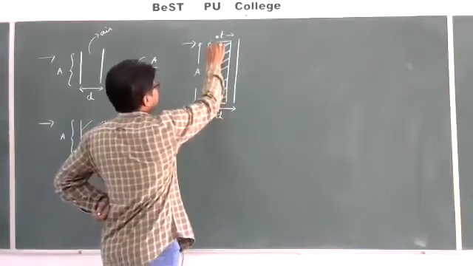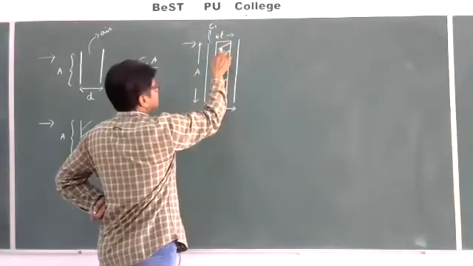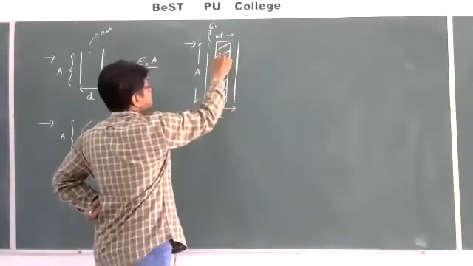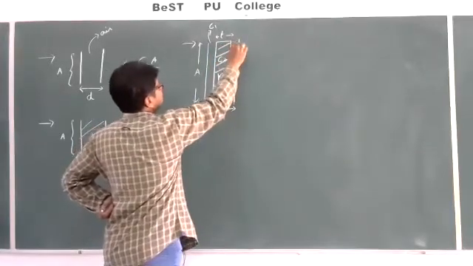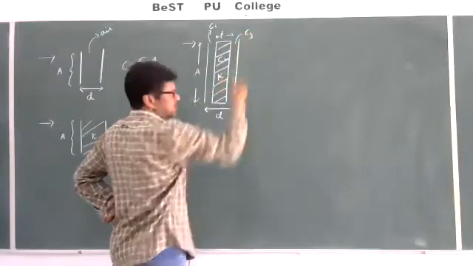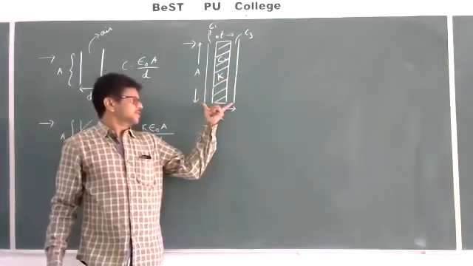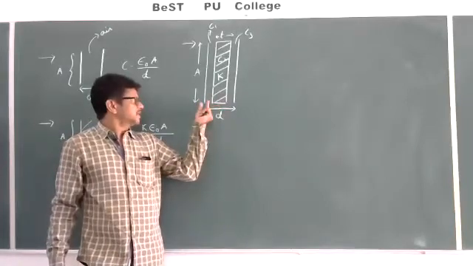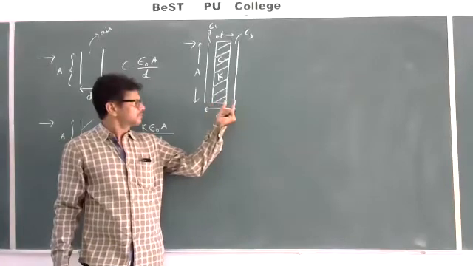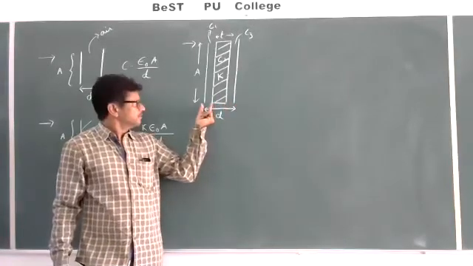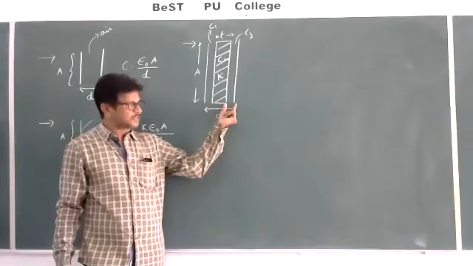If the capacitance of this is C1, of this is C2, and of this is C3, then the single capacitor I am considering as three capacitors: first capacitor, second capacitor, third capacitor.